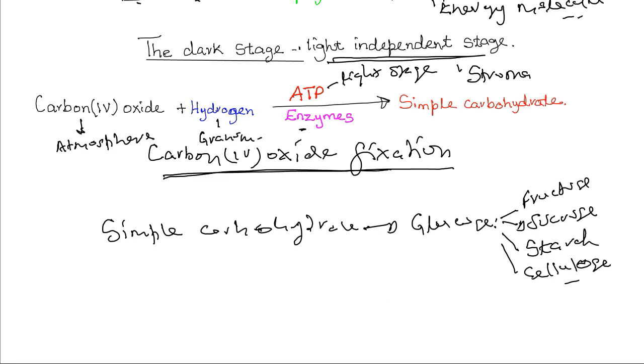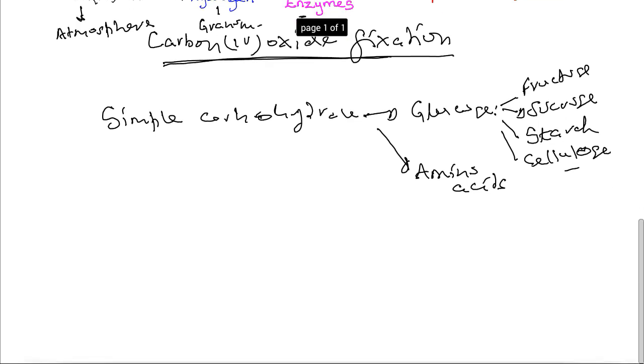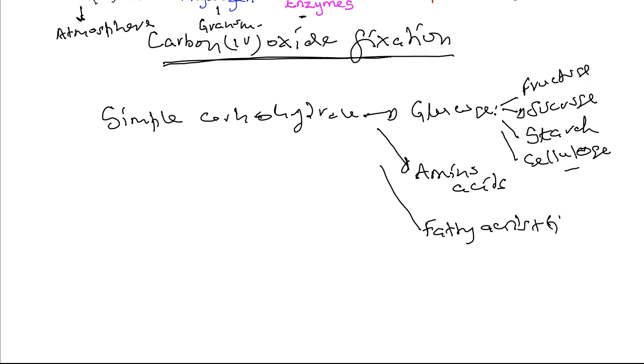Or alternatively, the simple carbohydrate may be converted into amino acids. Amino acids are the building blocks of proteins. Alternatively, the simple carbohydrates can be used to form fatty acids and glycerol.